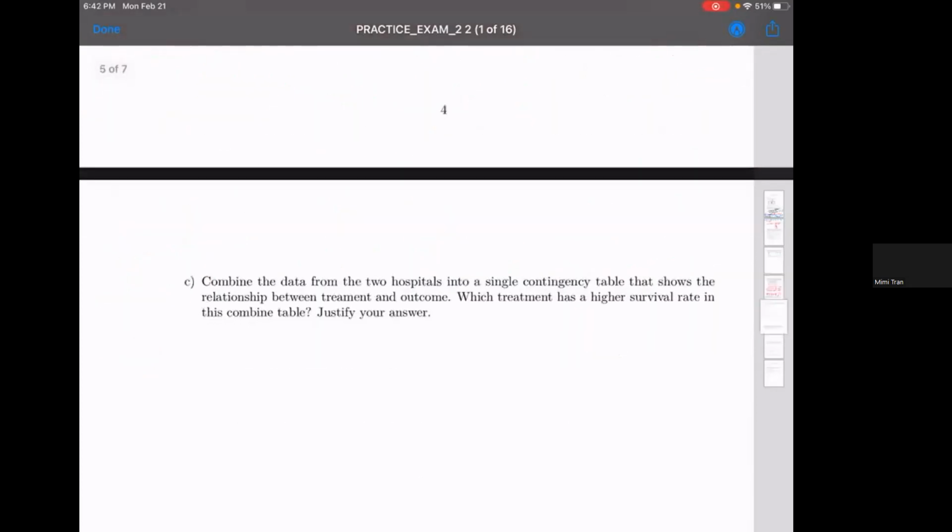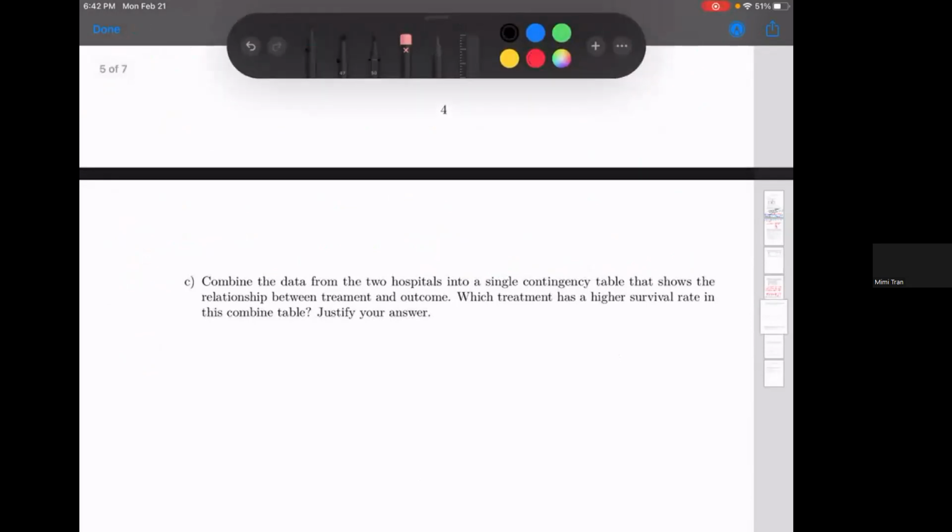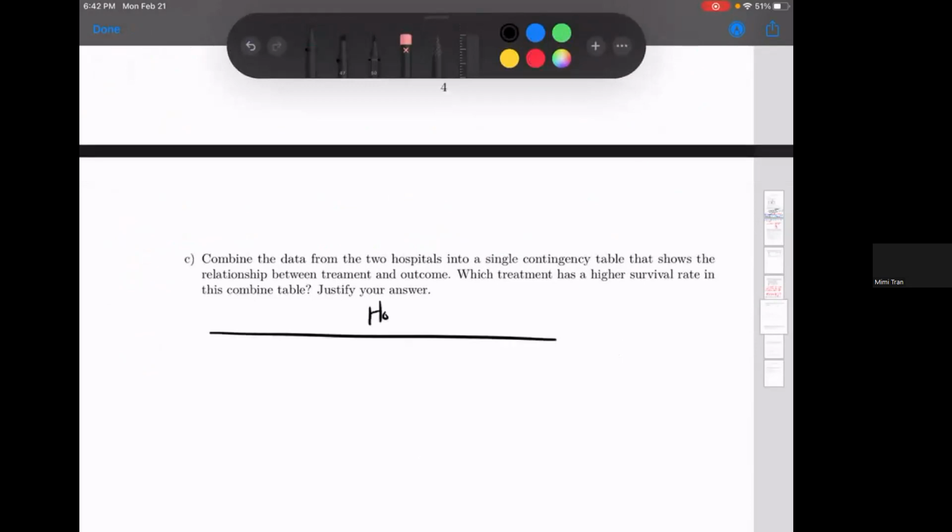And now what happens? It asks you to combine the data together. So we're going to combine it together. Say hospital A plus B together. See, how do I want to do this?